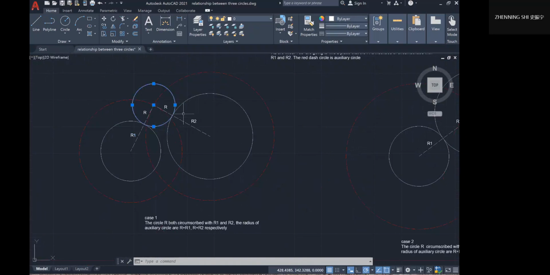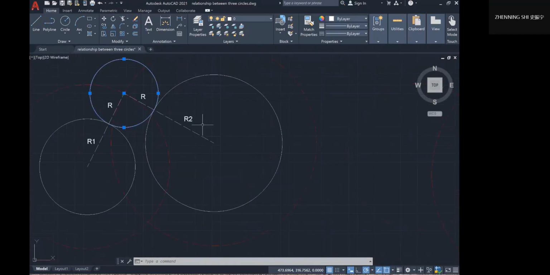In the same way, we can find the auxiliary line, this one, the second circle with a red dashed line. Its radius is R plus R2, and the center is the same as R2.